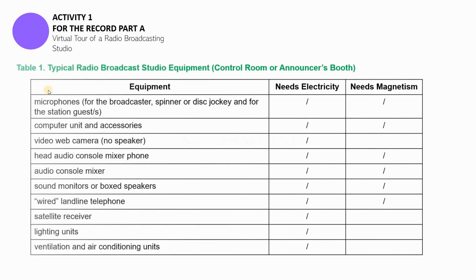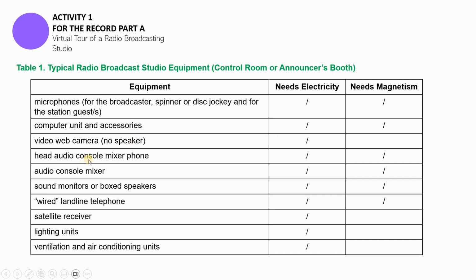Let us now answer tables 1 and 2. For table number 1, this was the typical radio broadcast studio equipment or the control room or announcer's booth. For the equipment, we have microphones, which need electricity and magnetism, just like computer units and accessories. Video and web cameras only need electricity.